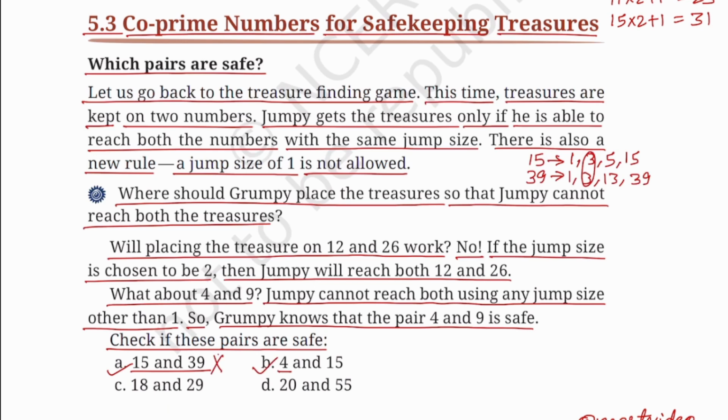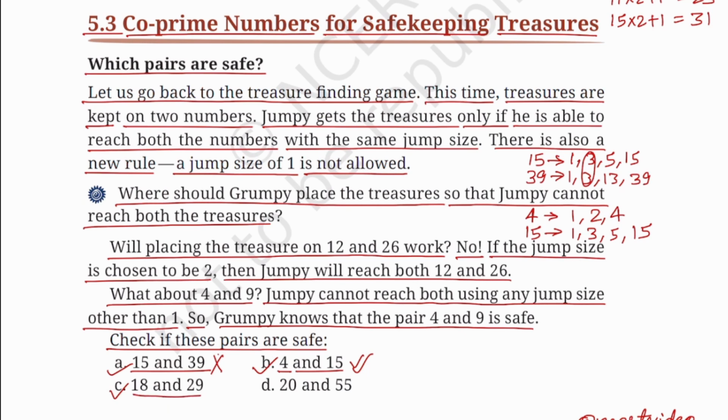B. 4 and 15. Factors of 4 are 1, 2 and 4. Factors of 15 are 1, 3, 5 and 15. You can see there is no common factor. So you can say the pair 4 and 15 is a safe pair. Similarly, see 18 and 29.